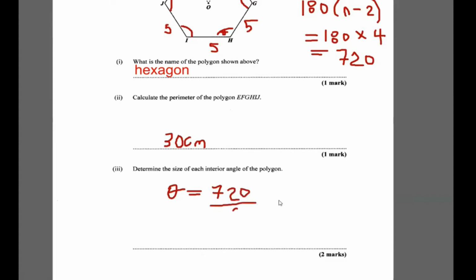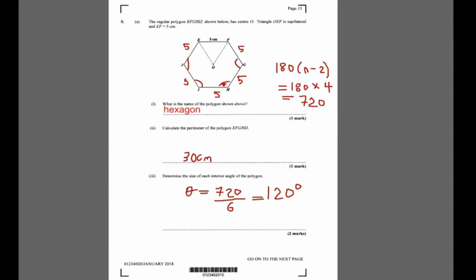So 720 divided by 6 is 120 degrees. And that's the size of each interior angle. Nice and easy.